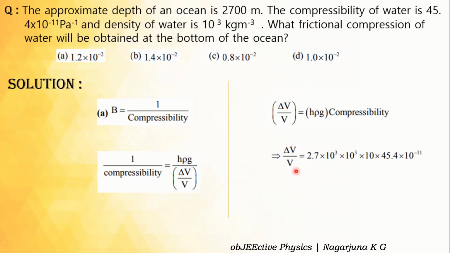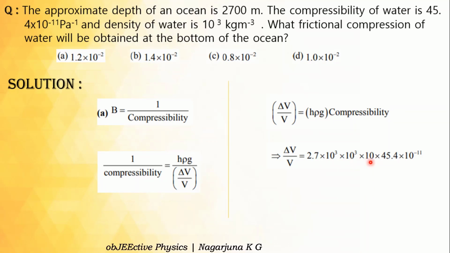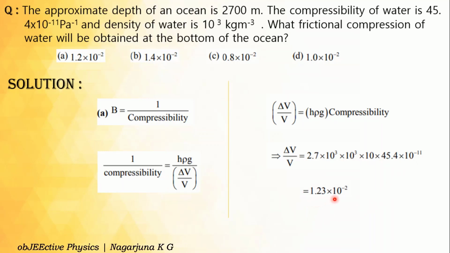That implies delta V by V is equal to, H is given in the question 2700 meters, or 2.7 into 10 cube, into density of water 10 cube kg per meter cube, into G value 10 meter per second square, into compressibility 45.4 into 10 power minus 11, that is equal to 1.23 into 10 power minus 2, that is option A is the right option.